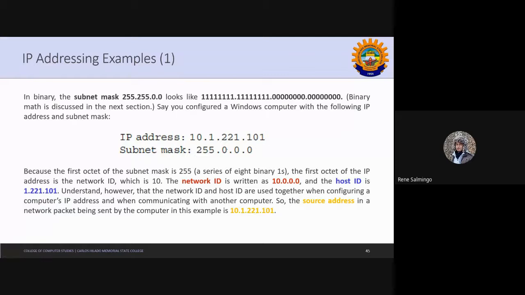So these are your host ID, and this is your network ID for this example. However, the network ID and host ID are used together when configuring a computer's IP address and when communicating with one another. So the source address in a network packet being sent is 10.1.221.101. So that is your source address.